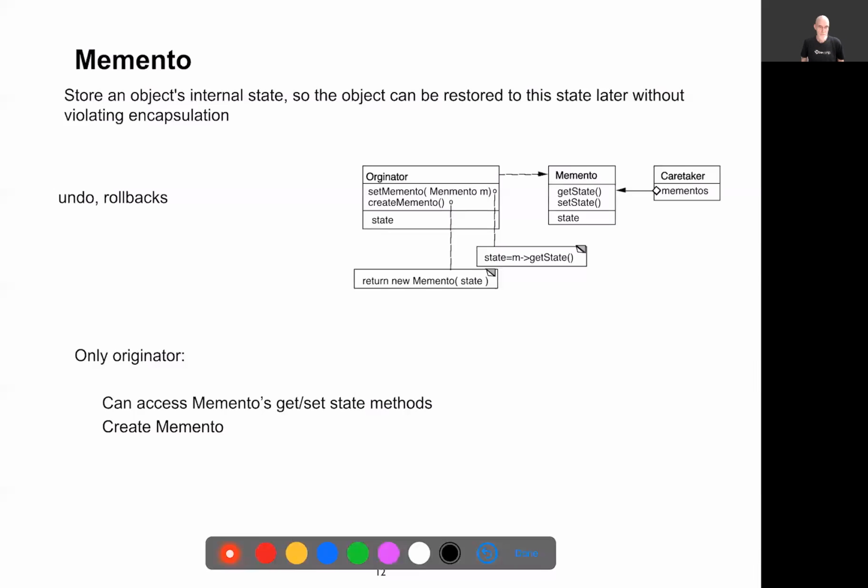You just take the internal state of the object that you're going to change, and you copy it before you make the change, and then you can change the object. And then if you want to do undo, you can take that old copy of the state and replace it back into the object. Make sense?